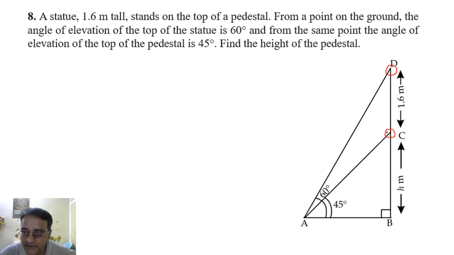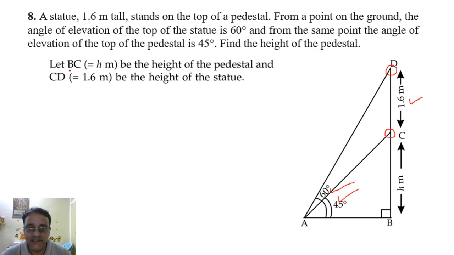And the top of the pedestal, the angle of elevation is given 45 degree, and top of the statue the angle of elevation is given 60 degree, and the height of pedestal we have to find, height of the statue is given, right? So here also we have two right triangles ABC and ABD.